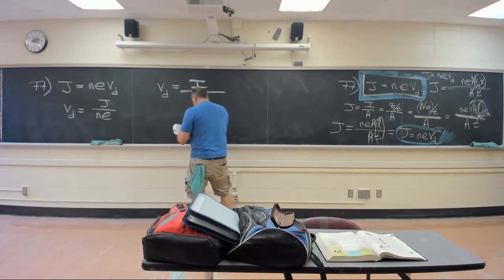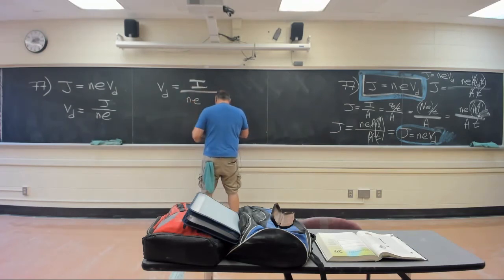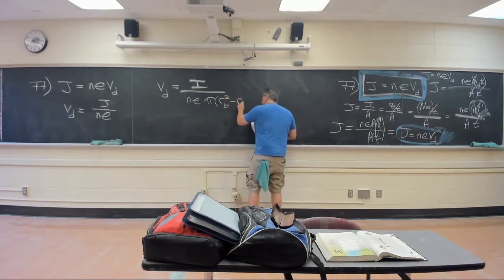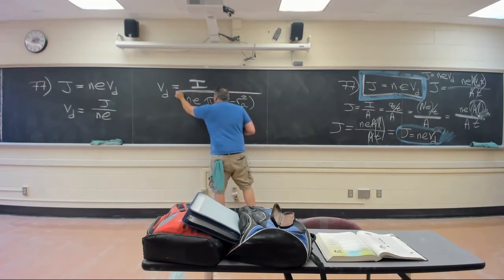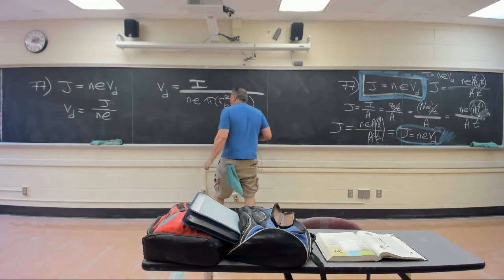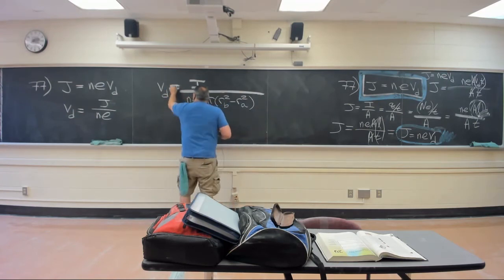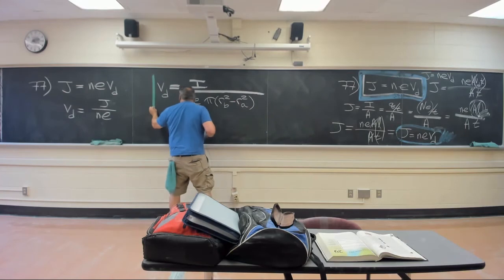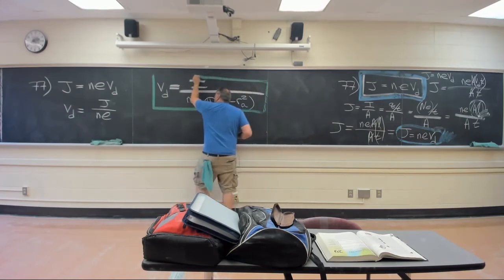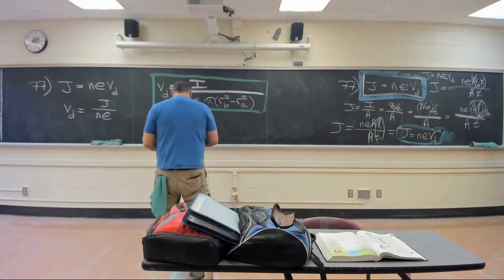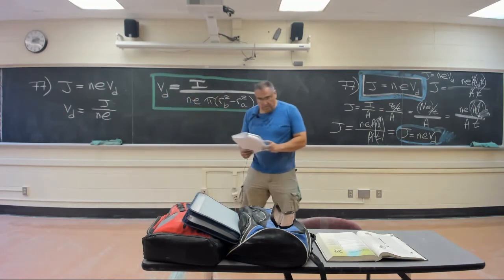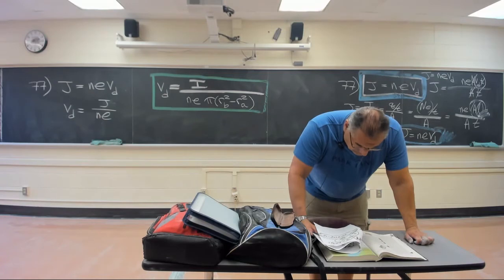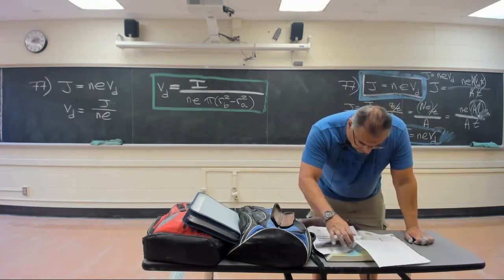Okay, here's I. Put the A down here, and then the N E. And that's 77. Let's go to problem number 80.